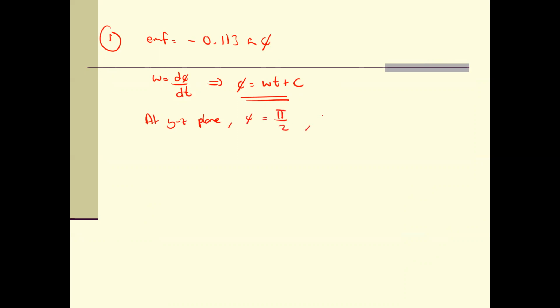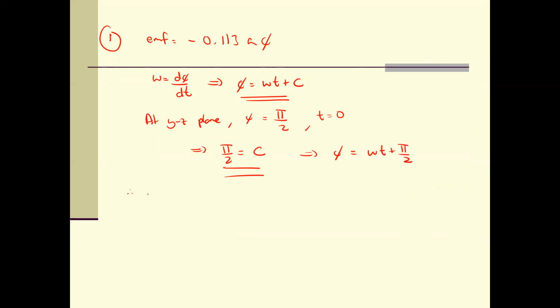At that particular angle, pi over 2, t is 0. So we can write that the constant c will be equal to pi over 2, since t is 0. From here we can write that your phi angle is equal to omega t plus pi over 2.